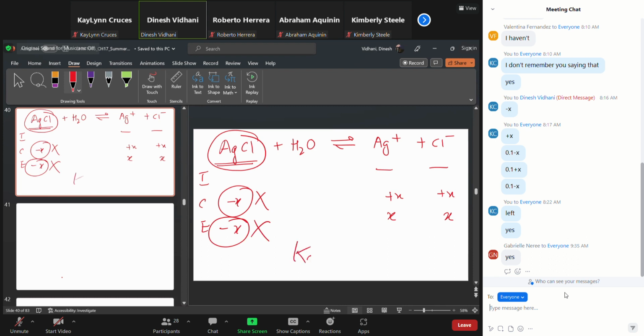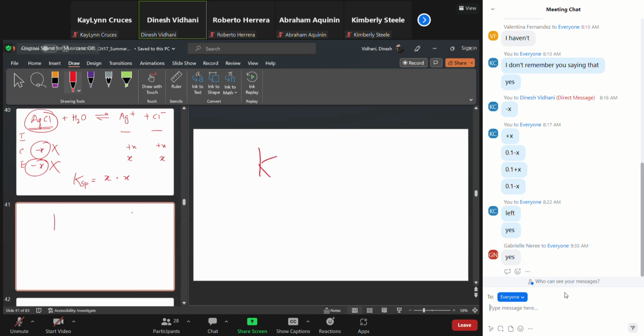So I can simply say Ksp equals the amount of X multiplied by the amount of X. So Ksp for salts like these is X squared. In other words, if I know Ksp, I can find the concentration of ions in the solution. How will that work? Square root of Ksp.